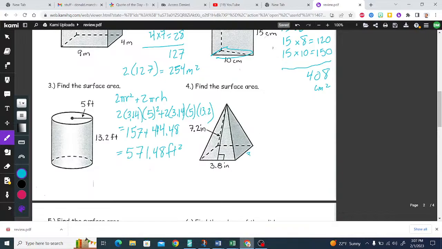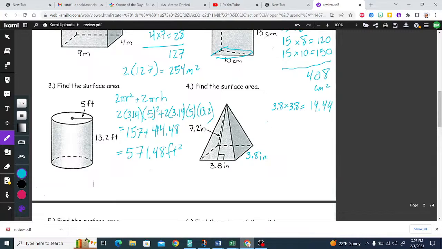This guy here, because this part here is 3.8, and we only dealt with regular pyramids, this is also 3.8 right here. So we go 3.8 times 3.8 to do the bottom. 3.8 times 3.8 gives us 14.44.